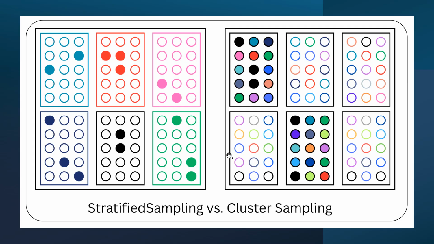Let's talk about non-probability sampling. One of the simplest non-probability sampling methods is convenience sampling. For example, you collect data from the people whom you have access to.